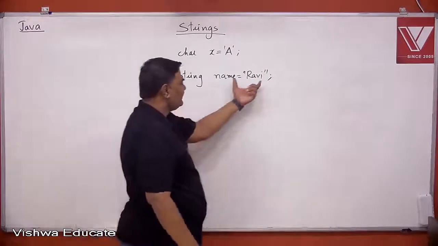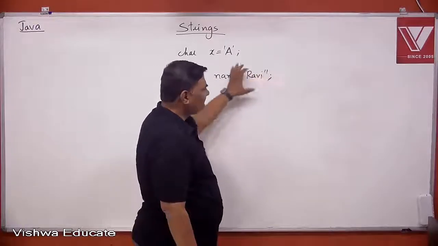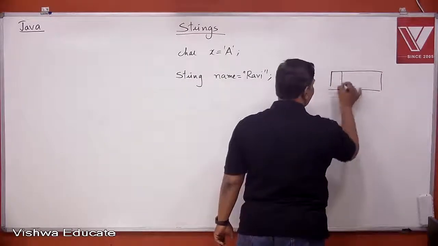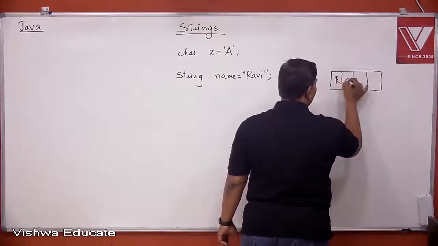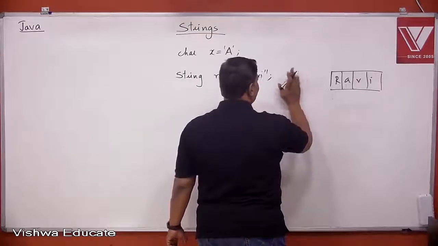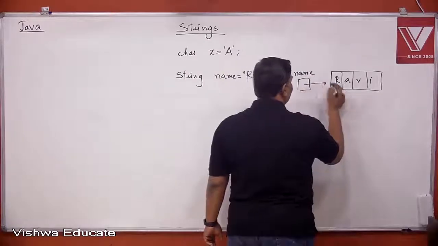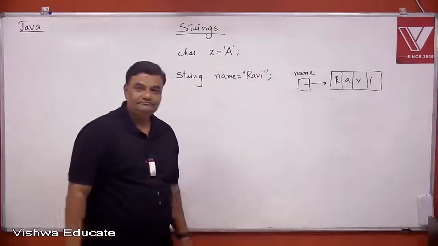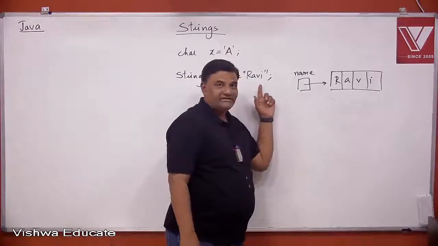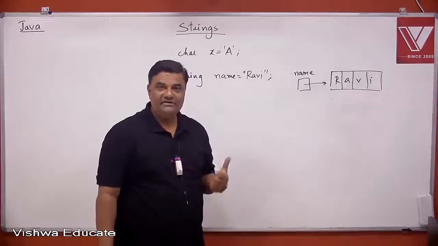Now this is a string literal and this is a reference, and for this literal an object will be created. It looks like this. And name is a reference to this one. This is an object. I have directly given a string, so it is called a literal.